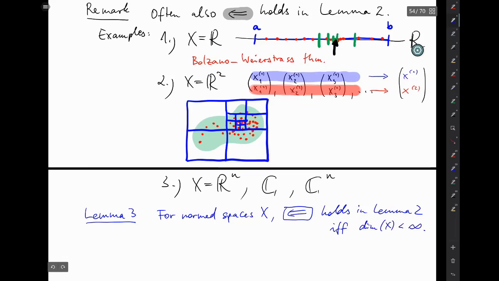So all the examples we have seen where the reverse implication holds are finite dimension examples, and in fact it has to be so. And for infinite dimensional normed spaces, the reverse implication does not hold.